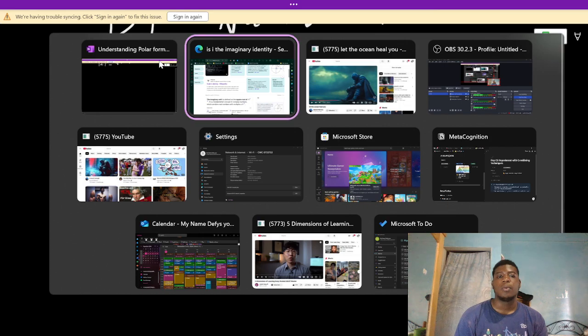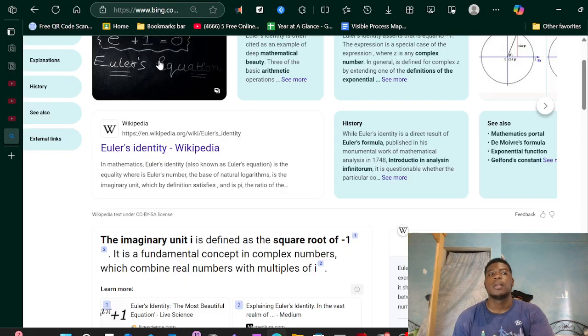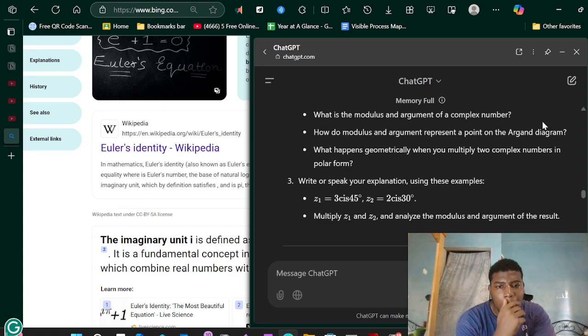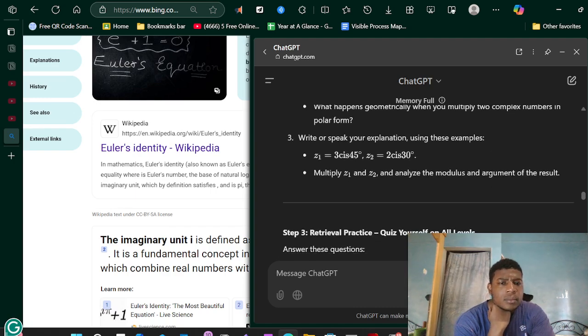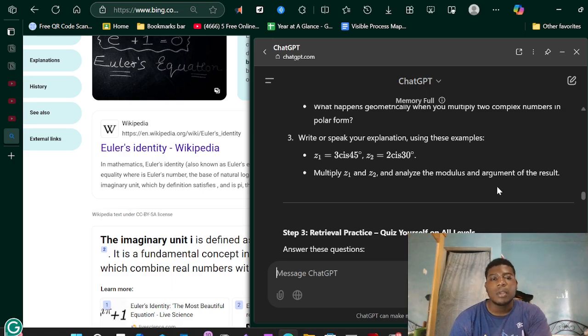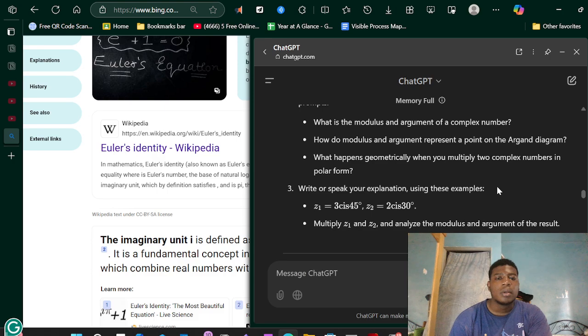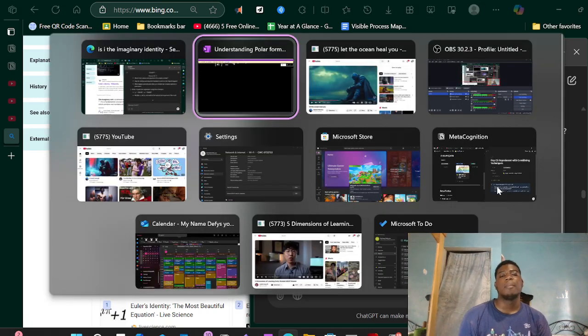Alright, so what do I want to do now? Let me compare and contrast. What happens when you geometrically multiply two complex numbers in polar form?